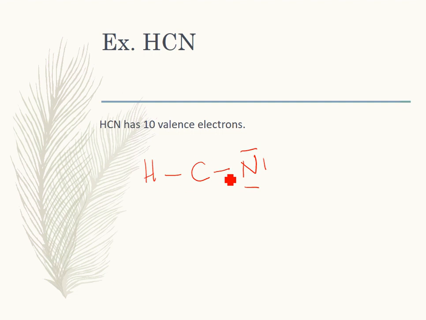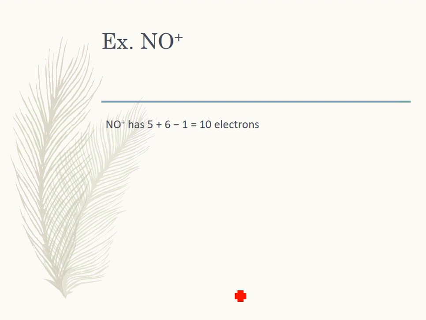The problem there again, carbon only has 4 electrons. We're going to have to move these 2 in. We'll have 6 on carbon and now 8. So let's redraw. And then there's a pair of electrons here. And carbon now has 2, 4, 6, 8, as does nitrogen. That's a stable drawing.